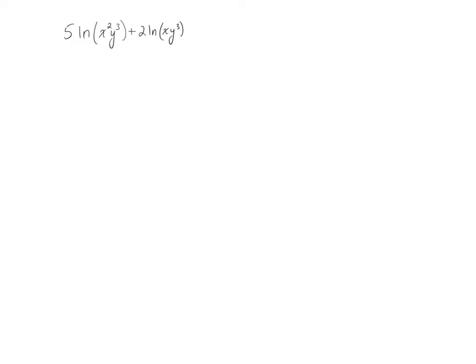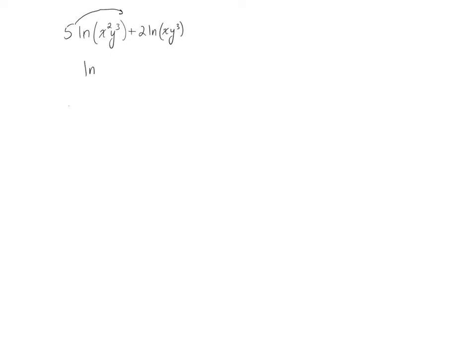Okay, just throwing at you another example of how you can condense a log expression to get it down a little bit simpler. So I'm going to combine two of our rules here where we have a product of a constant times a log expression, and then the sum of two log expressions, maybe in the big picture, and each one of those involves a product of a constant and a log. So we're going to use our power rule in reverse, and we're going to say, okay, this 5 that's down in front can go up and be the power associated with x squared and y cubed.